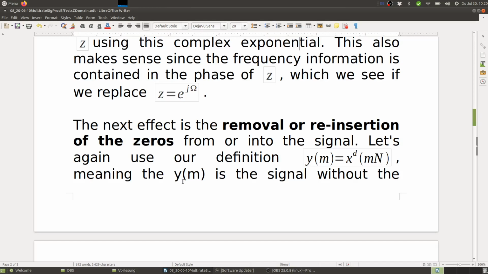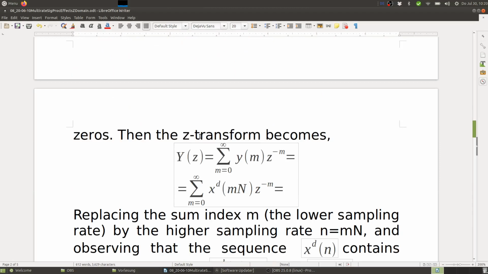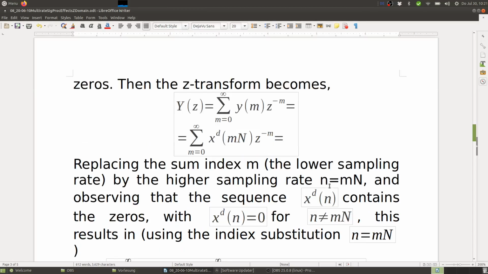So that means y of m is the signal without the zeros. Then the Z-transform becomes this, y of z, here we have the Z-transform of it, and here we can plug in the formulation for the downsampled x_d.